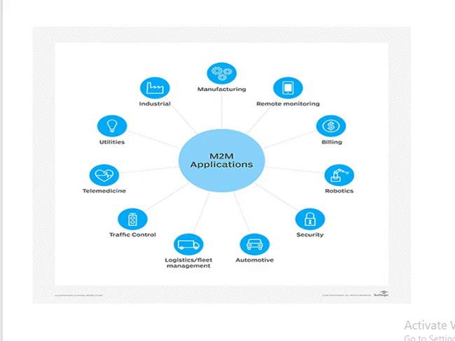So now let us see the applications of machine to machine communication. There are many applications in M2M communications such as manufacturing, remote monitoring, billing, robotics, security, automotive, logistics of fleet management, traffic control, telemedicine, utilities, industry. And now let us see briefly about some of the applications.